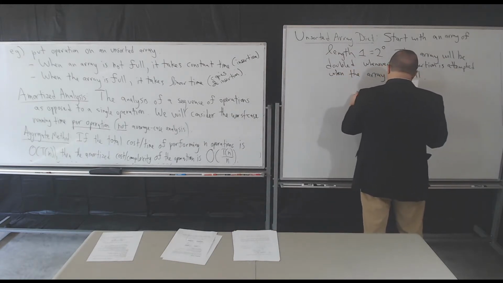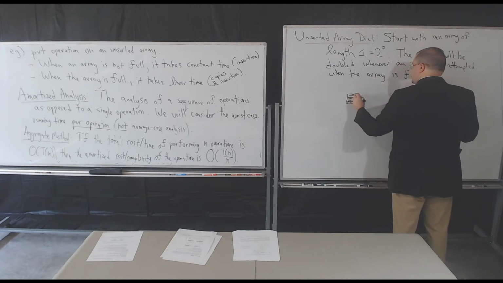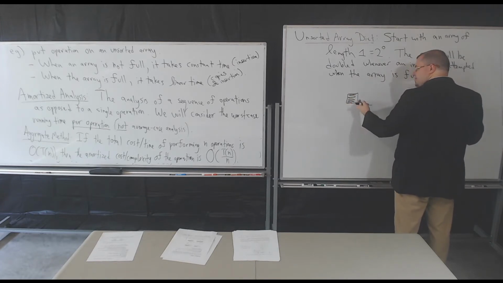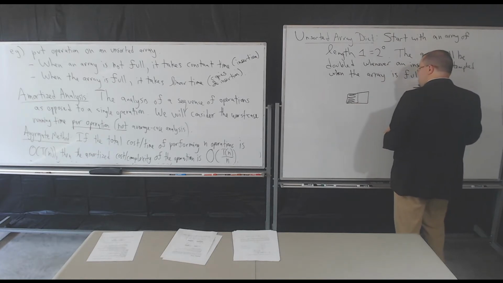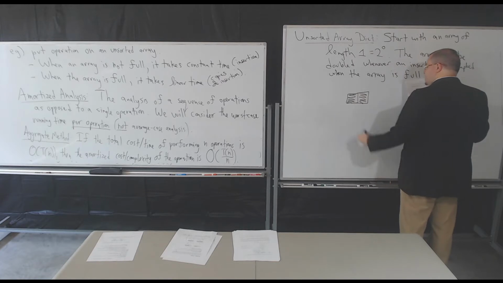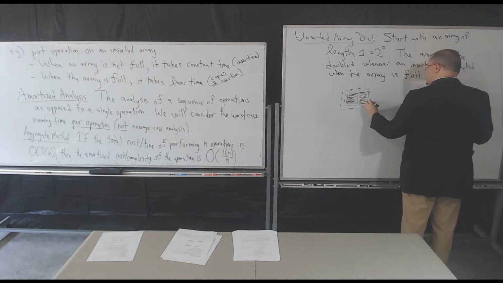What I mean by this is, imagine I have an array of size 1, and I put an element in here. If this is full, then I have to double the length of the array, and then I perform my insertion, right? Do you see how every time I'm doubling it? Now when I attempt the next insertion, it's full, so I need to double the length of the array, and then I perform my insertion, right?